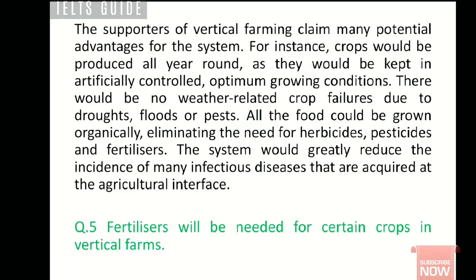And the question is saying that fertilizers will be needed for certain crops in the vertical farms. No, fertilizers are not needed, because they are saying that it eliminates the need for fertilizers and pesticides, because the food could be grown organically. So the answer to this question is false, because the text is contradicting the question.